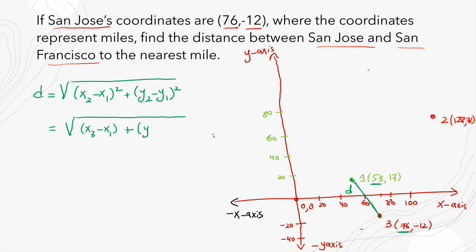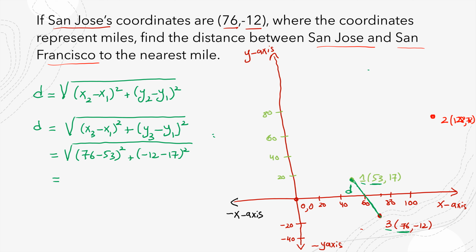Similarly, y3 minus y1, since we are looking for the distance between point 1 and point 3. I can modify my formula and change the variables accordingly. So this will become 76 minus 53 square plus -18 minus 17 square.